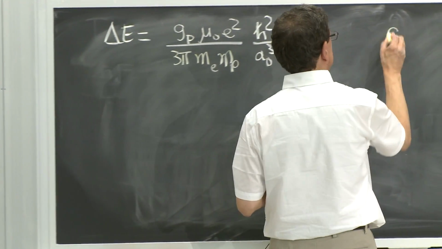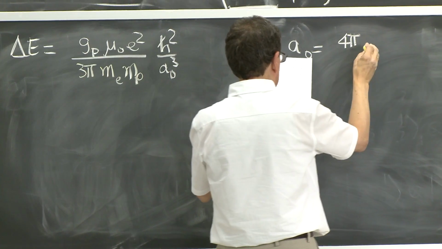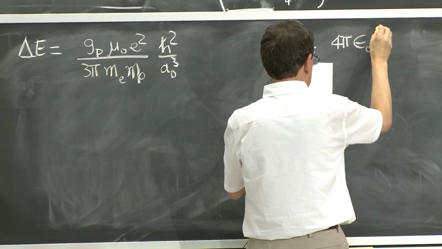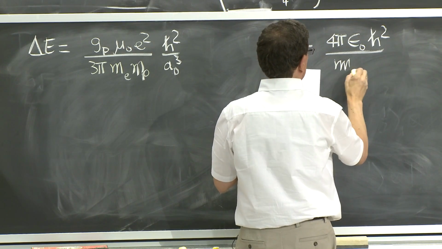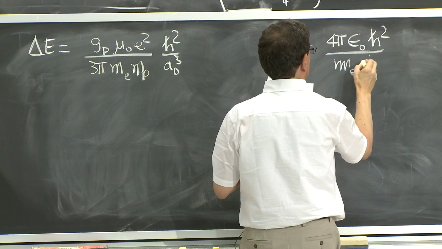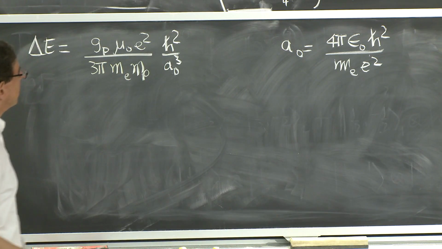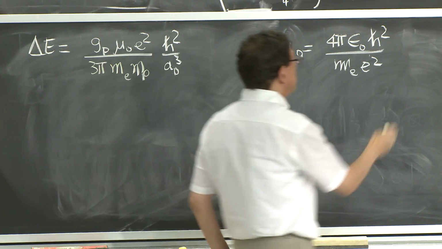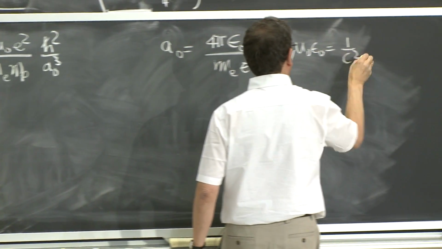Let me give you the basic relation. A0 in SI units, it's impossible to remember it. I never use those units. It's MEC E squared. So you also have to remember that mu 0 epsilon 0 is 1 over c squared.